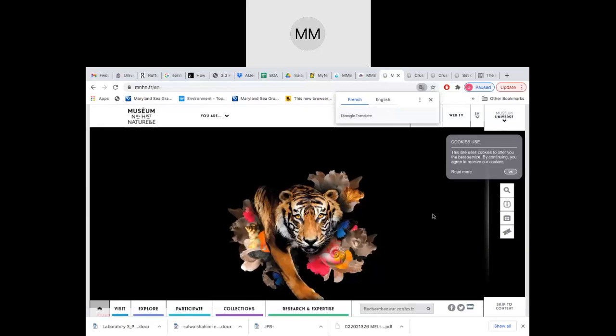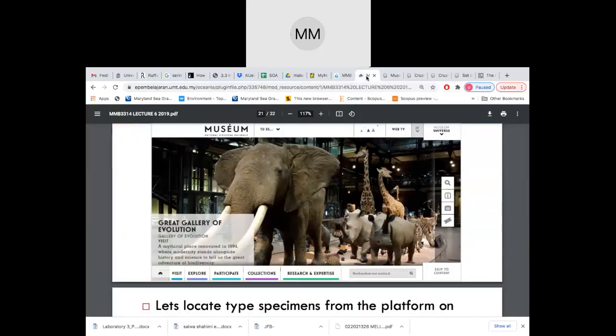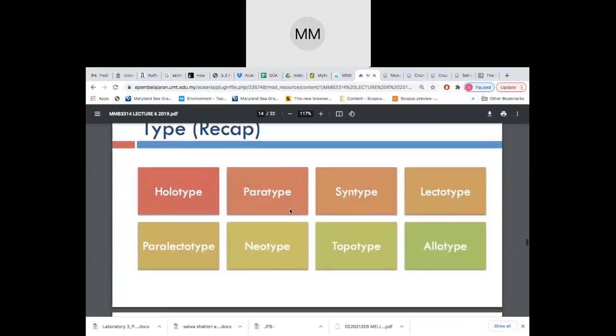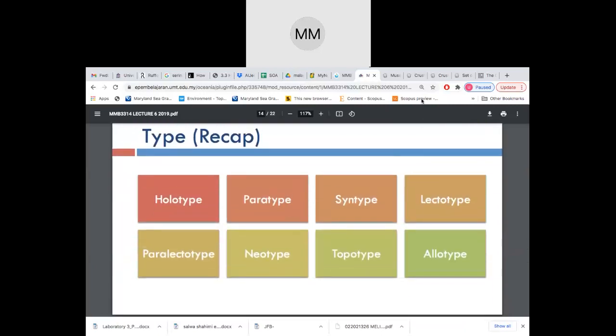The neotype, okay. So now the neotype happens basically when, let me go back to my slide. A neotype happens when a holotype, or the syntype and lectotype, are usually not available.